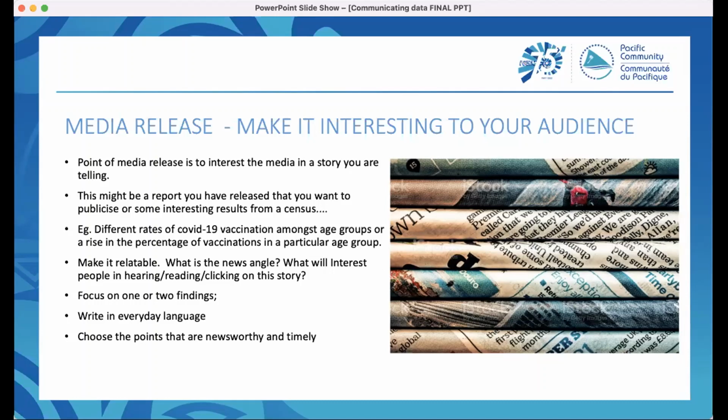You might be writing your media release for a technical publication or website. In that case, you'll write for that audience or that end user. But today we're talking about reaching mass media. And for that, you will be most successful in writing a story in language that, as I say, someone with no technical expertise in the field will understand.